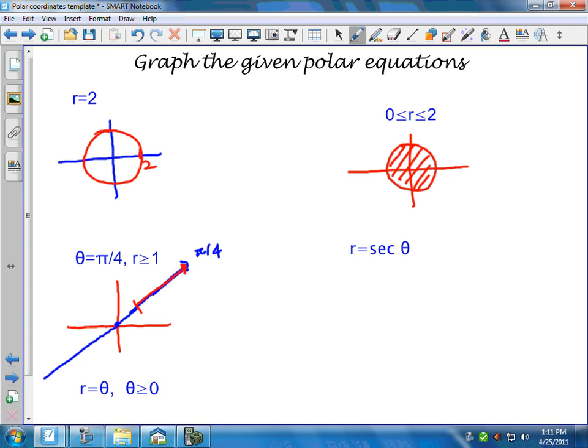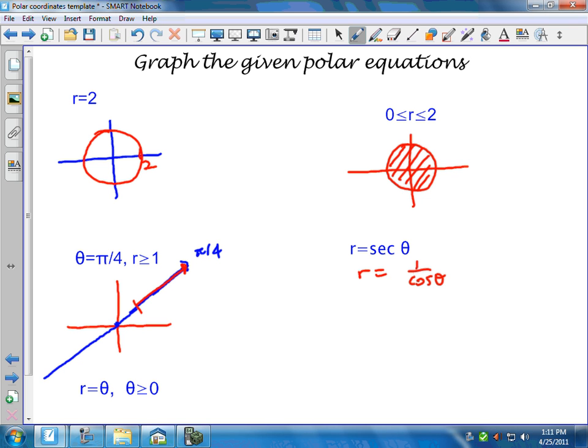What about r equals secant theta? Let's rewrite that. Secant is 1 over cosine theta. So go ahead and try to write it in a more familiar format.